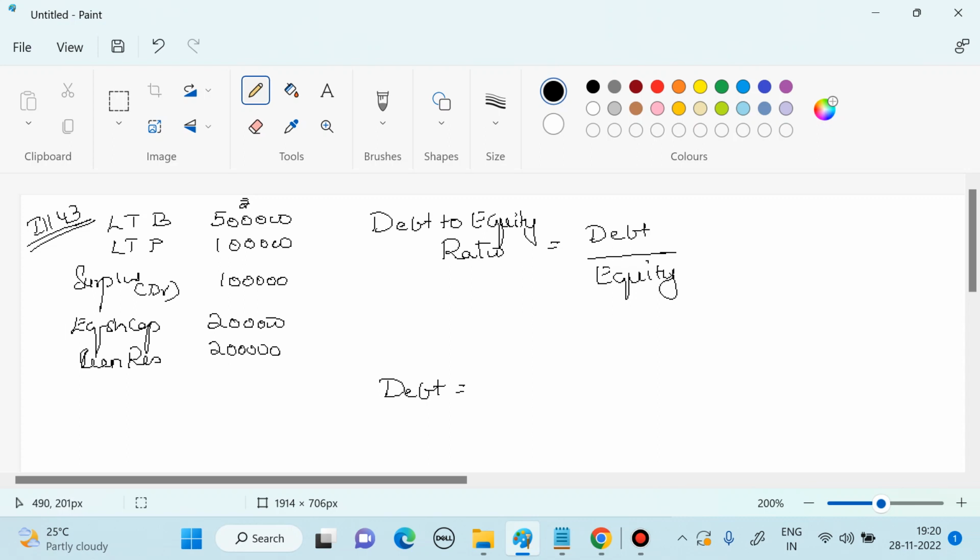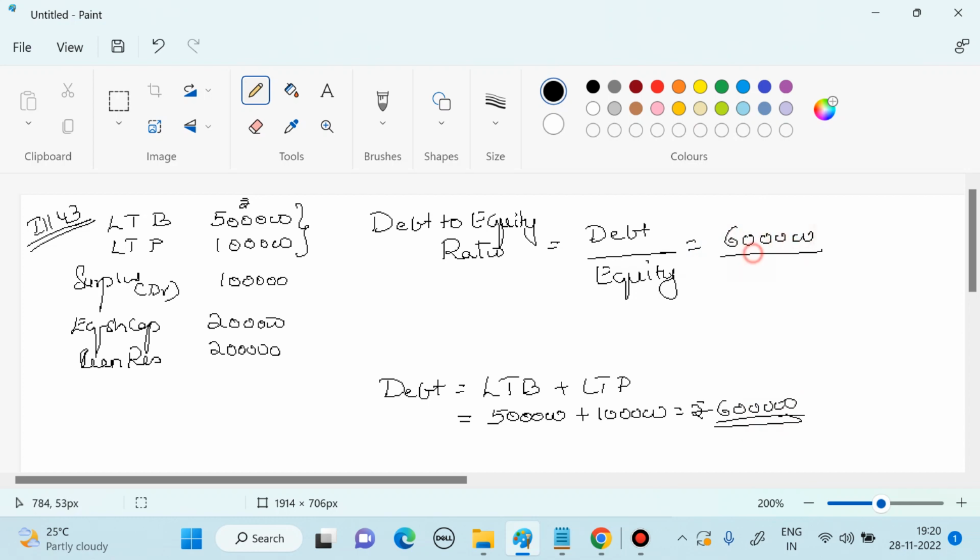So what is debt here? From the information given, we have long-term borrowing, long-term provision. So long-term borrowing plus long-term provision put together, 5 lakhs plus 1 lakh, that is rupees 6 lakhs. So we got the numerator here. For equity, you have these three items.